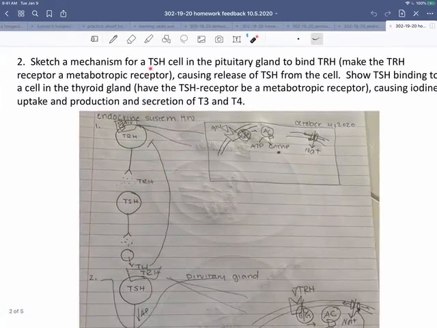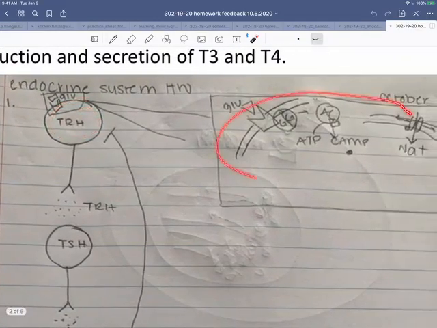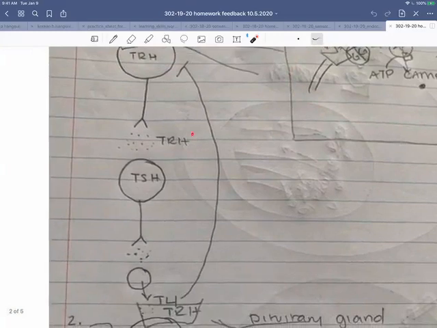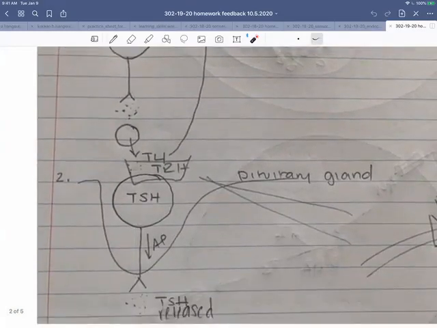Second was for TSH cell to bind TRH and release TSH. So this particular homework shows the TRH. Here's a close-up showing the events to cause release of TRH. So here's the TRH, and here is the events TRH binding to TSH.